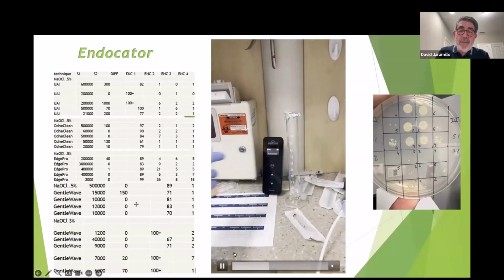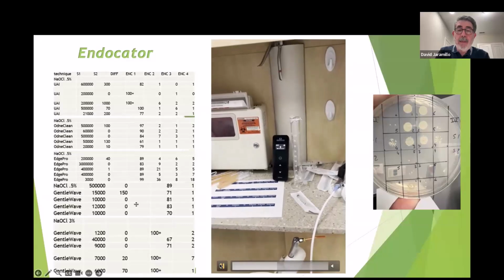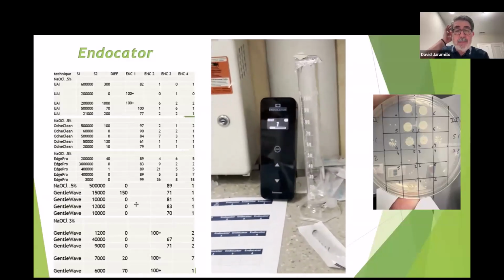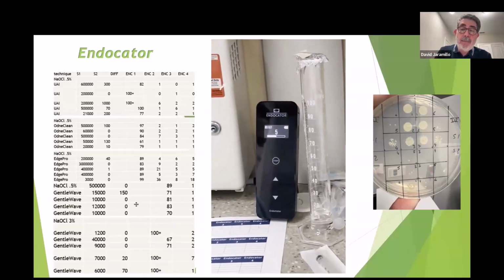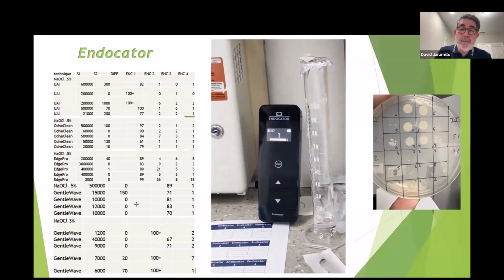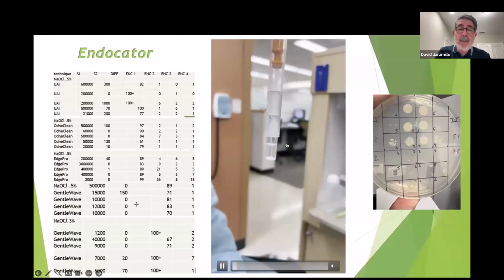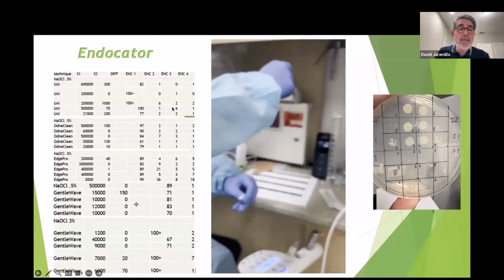You turn it on. And in just 10 seconds, it's going to give you a reading between 0 and 100. In this case, it gave us a 6 on its reading.